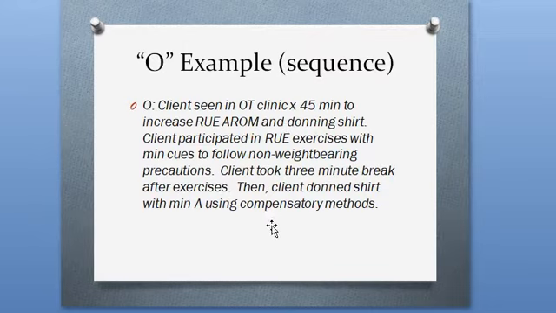The only thing I would do here is I would add: client took 3-minute therapeutic rest break after exercises. Medicare and many insurances don't pay for your patient to just sit there and take a break. But if you add therapeutic rest break, that is saying they need a therapeutic rest break.